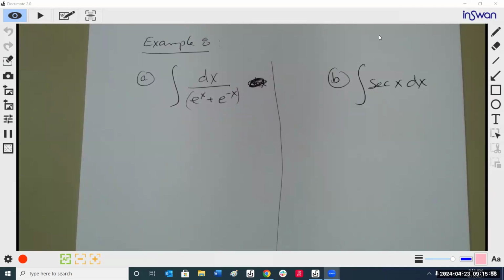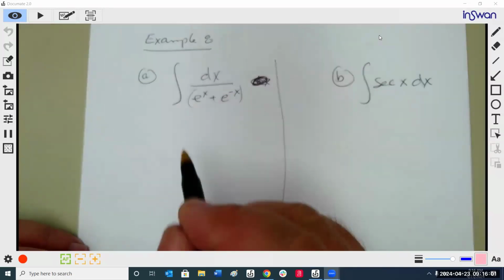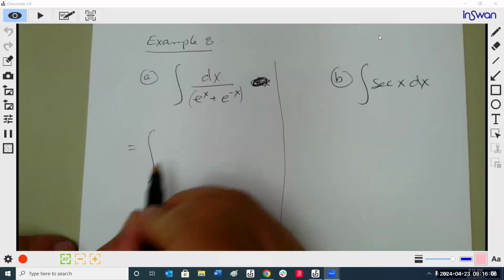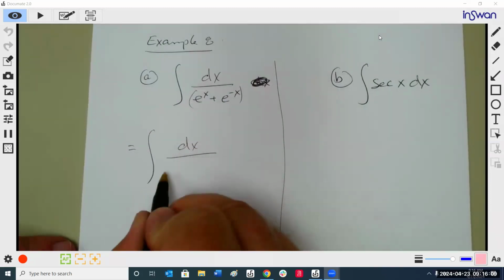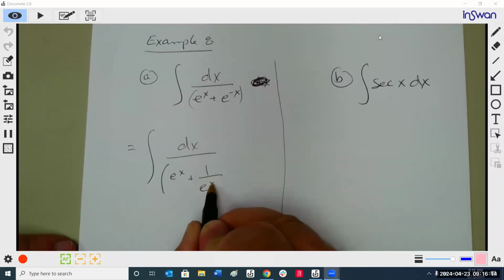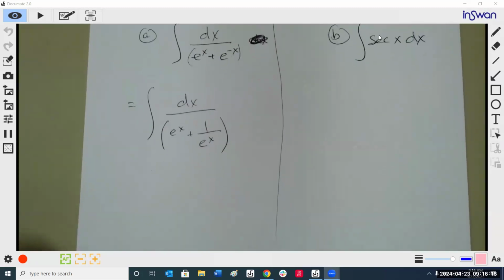So what do we do? We have a negative exponent down here. How do we fix that? Oh, yes, the conjugate.